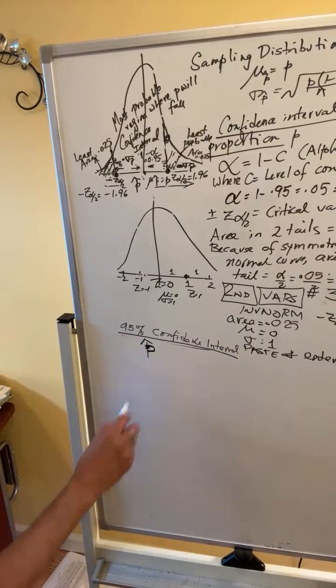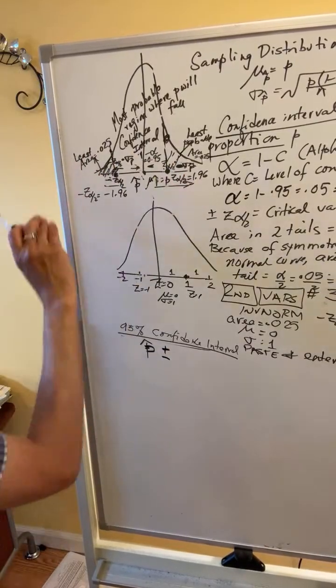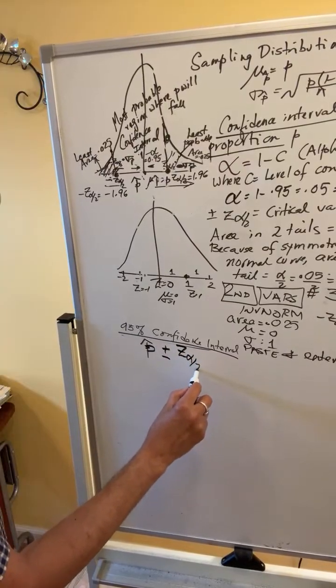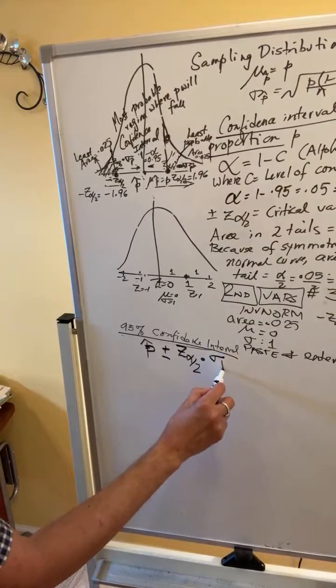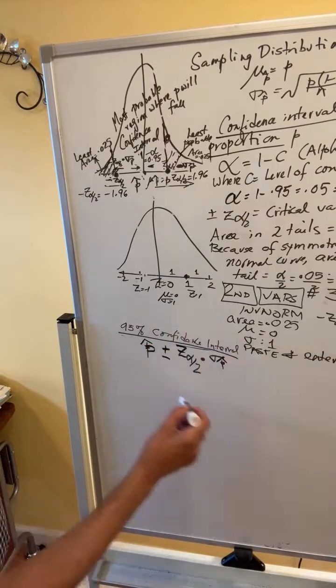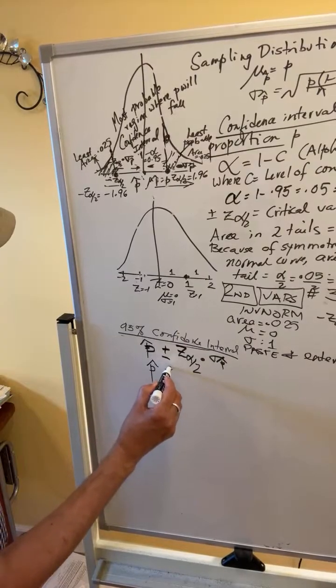Remember, P hat is the sample proportion, plus and minus, plus on the right, minus on the left, the critical value of Z times sigma P hat. Now, this plus or minus is called the margin of error.